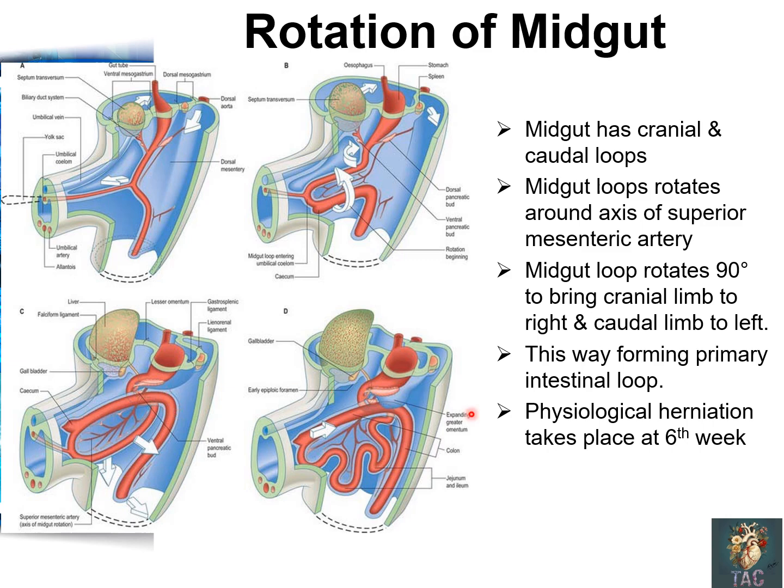This is the way the primary intestinal loops form, and at this time, nearly the 6th week of gestation, the physiological herniation through the umbilical ring takes place.